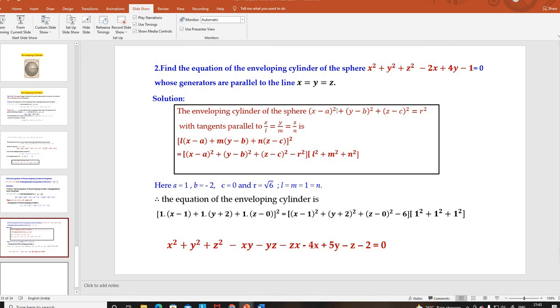It has x minus a the whole square, y minus b the whole square, z minus c the whole square. This one remains the same, only the changes are over here. So we have to consider rewriting this equation in this form. Rewriting this equation in this form, we will have a to be 1, b to be minus 2, c to be 0, and r to be square root of 6, and LMN being 1, 1, 1. So just substitute, and on simplification we arrive at this. Thank you.